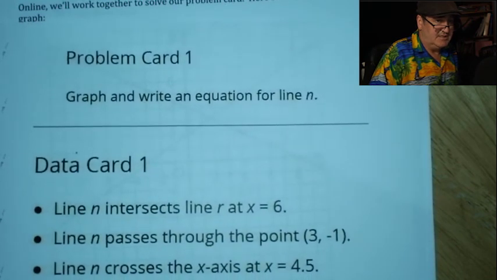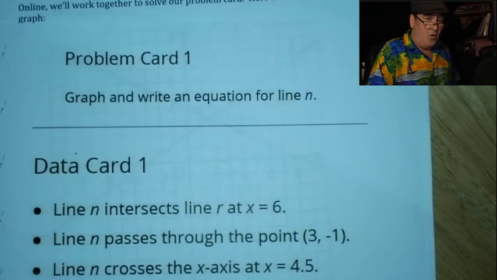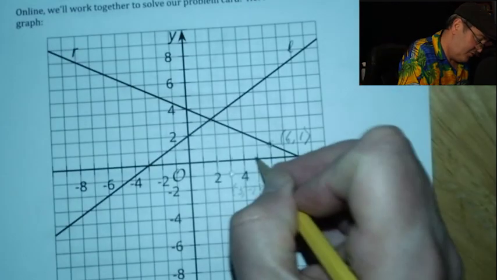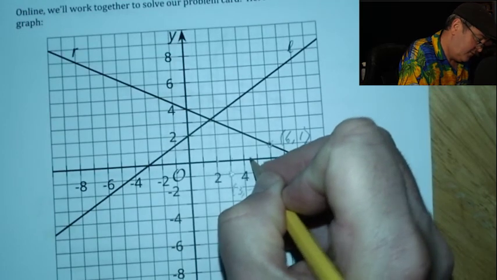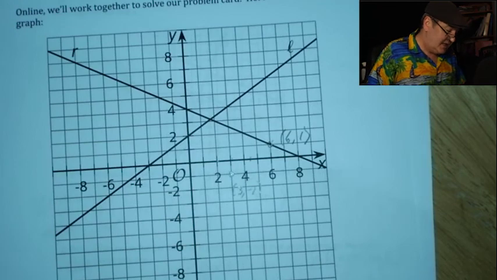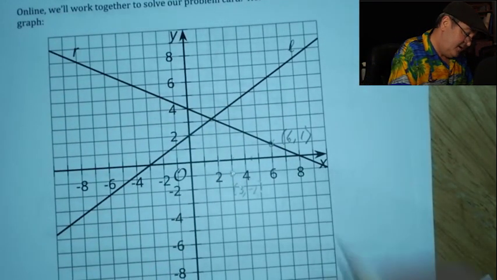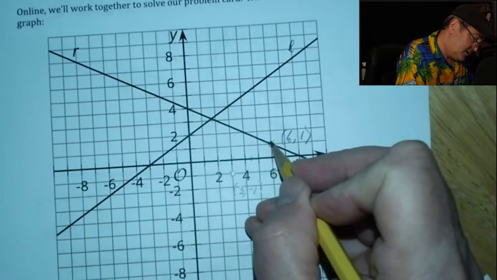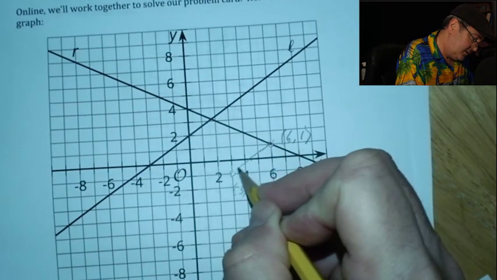Line N crosses the x-axis where x is 4.5. x equals 4.5. So right between the 4 and the 5 is where that crosses the x-axis. That would make sense. Since it's a line, it's going to be straight. It's not curved. So let's connect those. It's going to go straight through there.